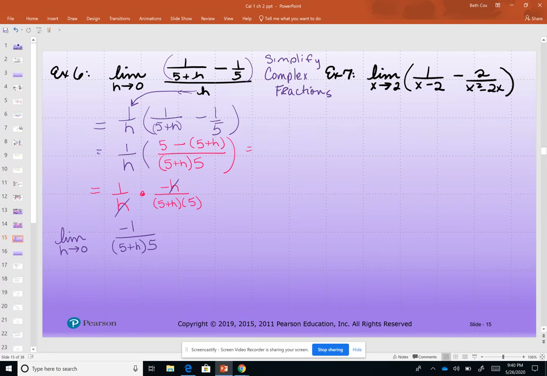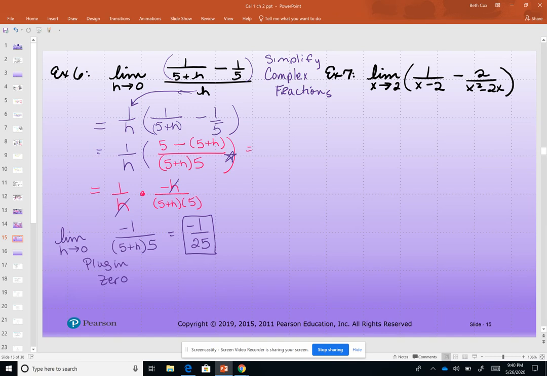I plug in 0, and I get negative 1 over 25. Some of this simplifying of rational expressions, we may need to go over again. Just give me a holler, and I'll see what we can do.